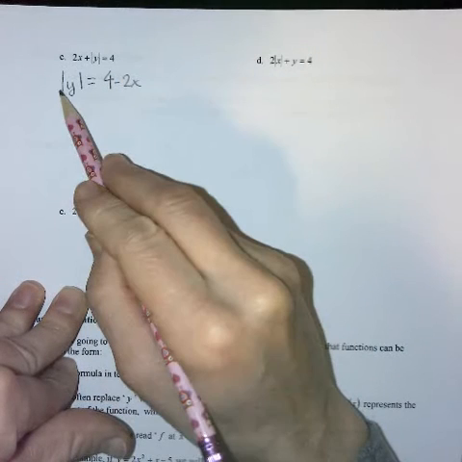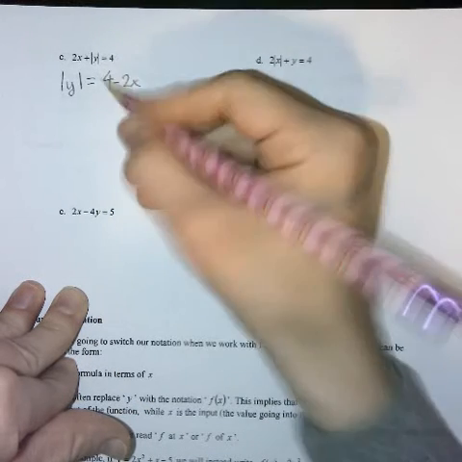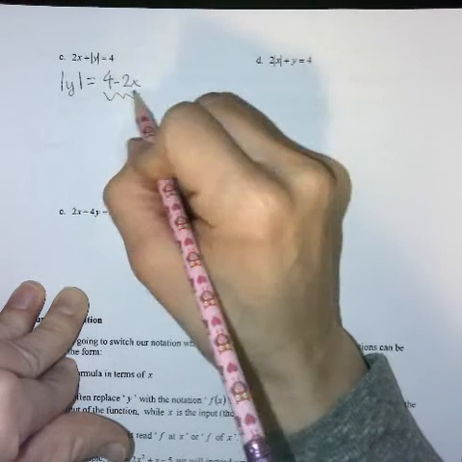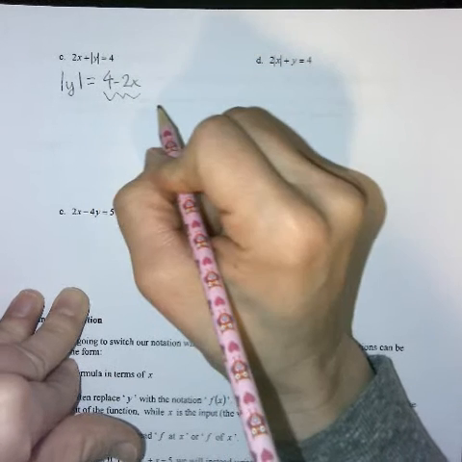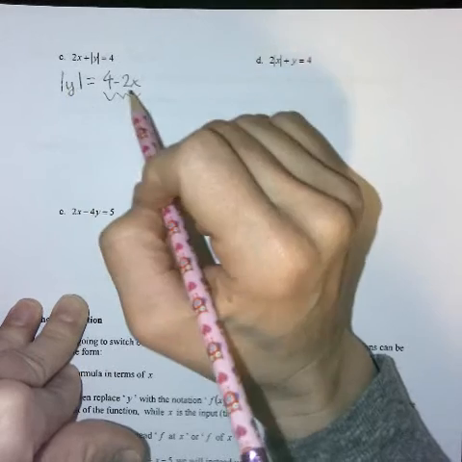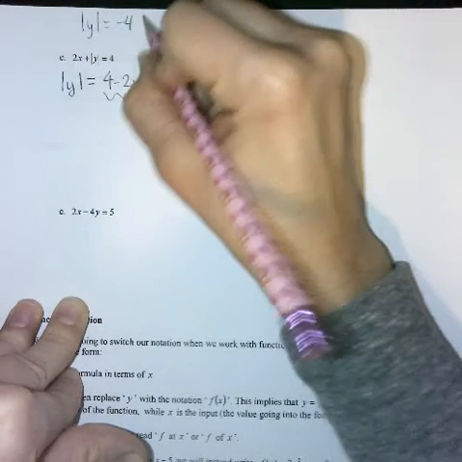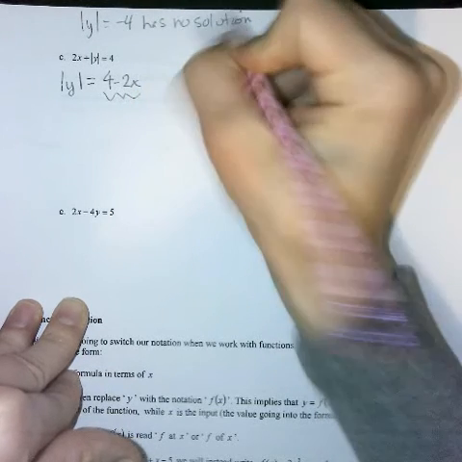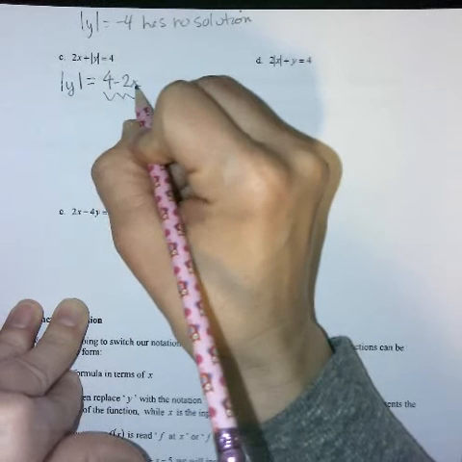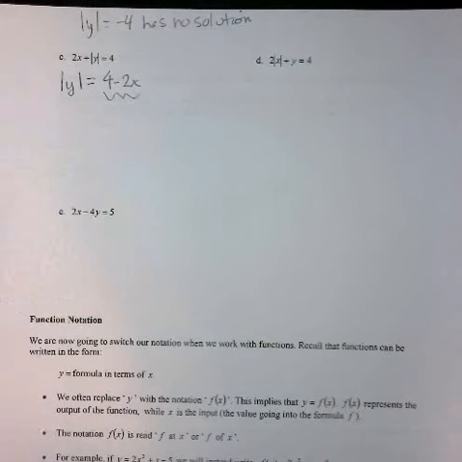Remember this absolute value here, now you would need this side to be positive, or 0, in order to get an equation that you can solve, right? It wouldn't make sense to say absolute value of y is negative 4, that would have no solution. And that comes into play with the domain. There's only certain numbers you can plug in for x that will give you an equation here that has a solution. But more about that later.